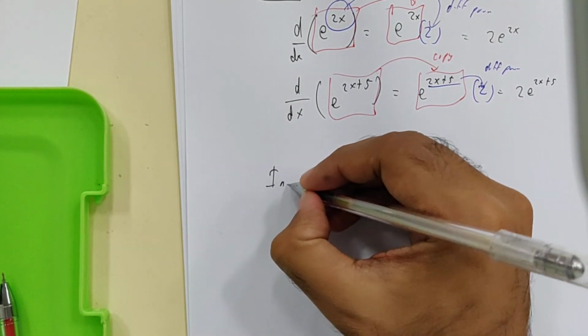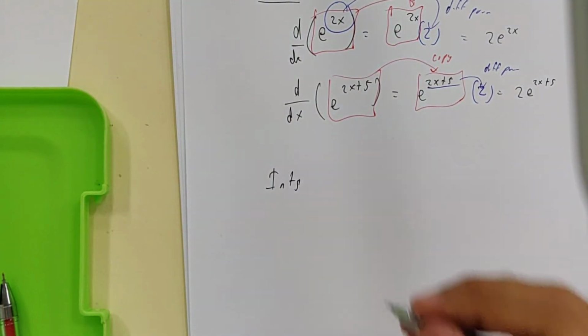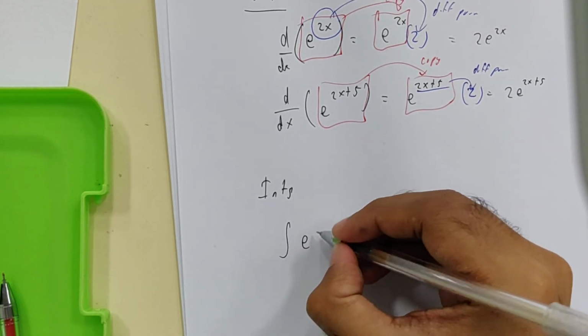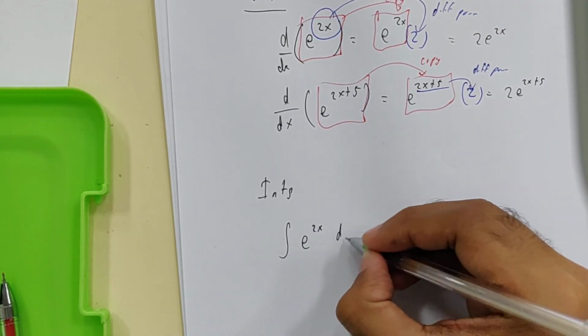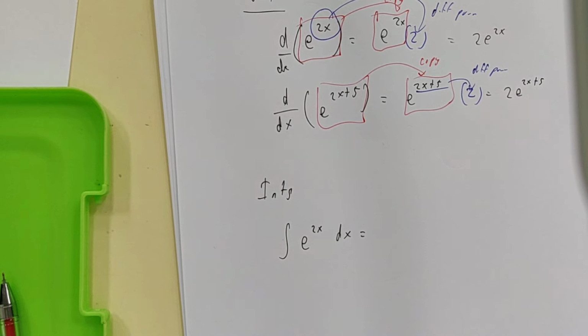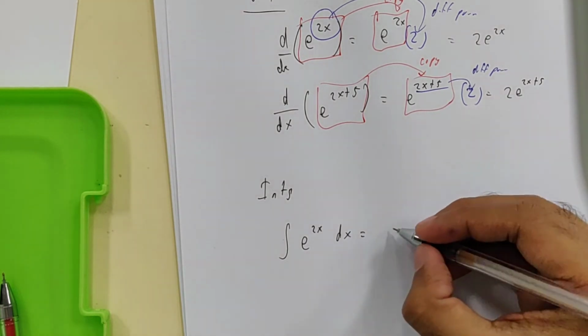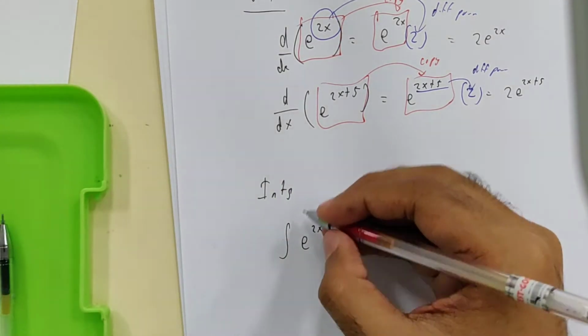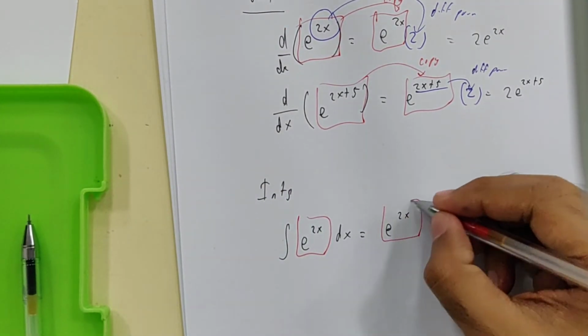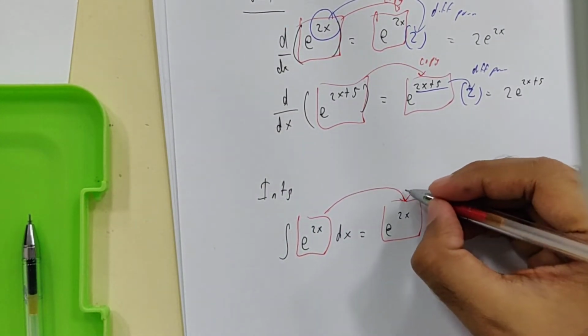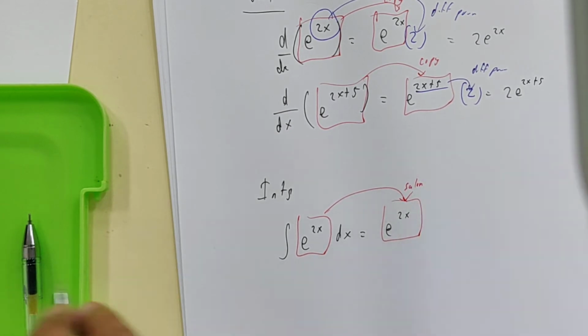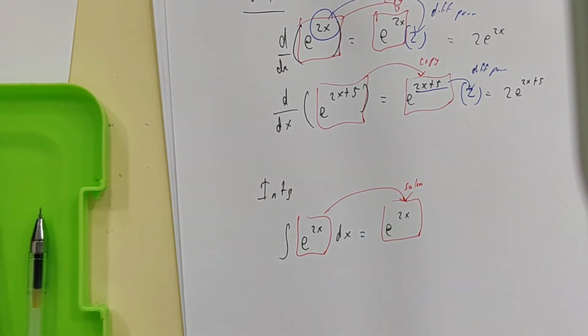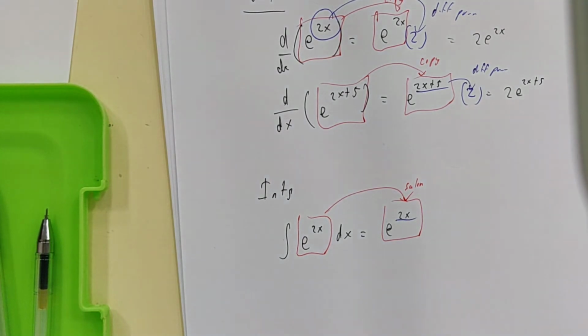Now what about integrate? Integrate e to x. E to x. First kali you buat apa? You salin and then you differentiate power jadi 2.